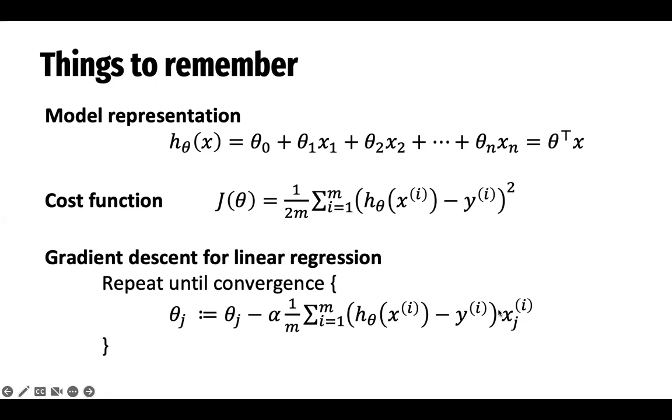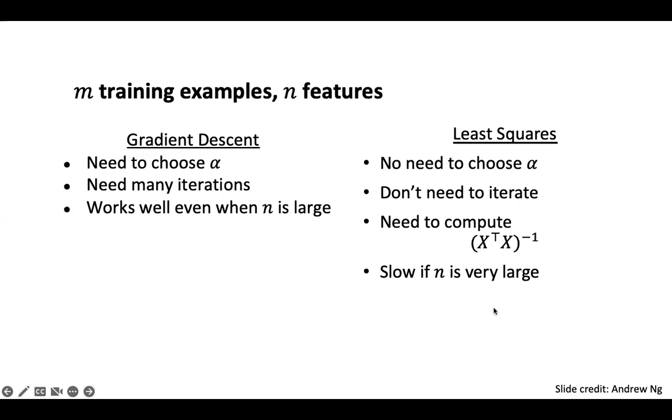Now, given m training examples and n features, in gradient descent we need to choose alpha, the learning rate, and we need plenty of iterations, and it works well when we have a lot of predictors or features.